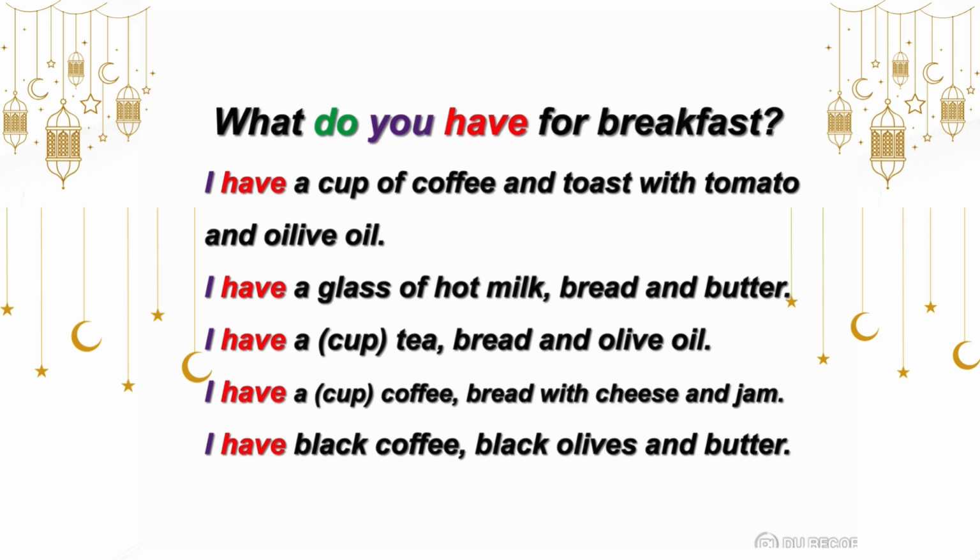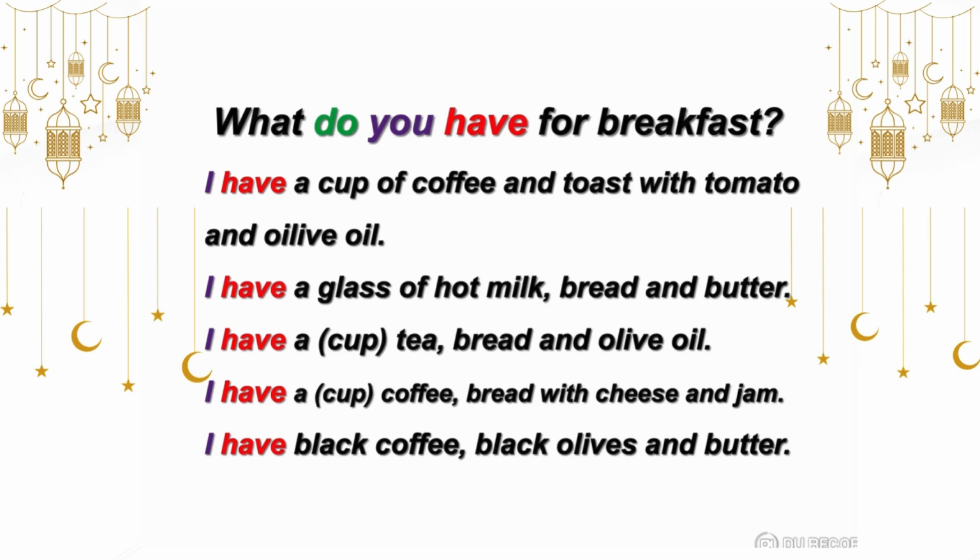The second example, I have a glass of hot milk, bread and butter. The next example, I have a tea, which means a cup of tea. I have a tea or a cup of tea, bread and olive oil. So it's written correct now.